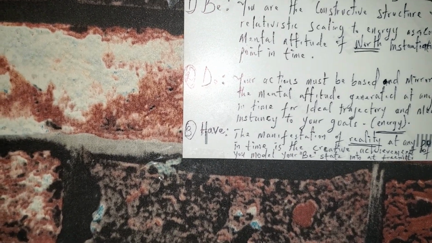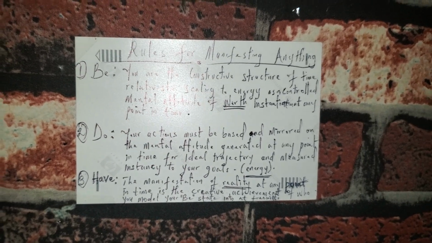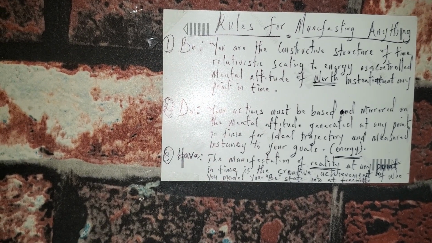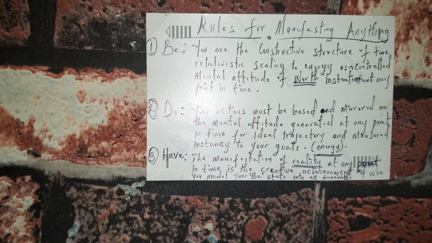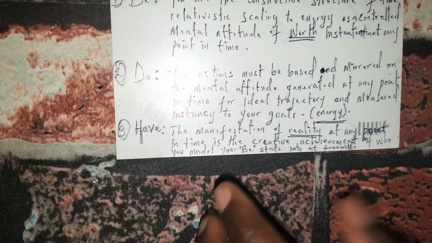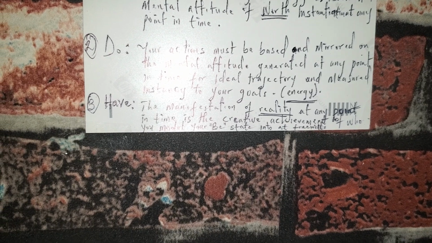Take note of that. I've said in one of my poems that for you to get the real picture of the universe, you need to think in terms of worth, energy, and reality. Those are the three key things. So now the final one, which is have, the manifestation. Have is the manifestation of reality at any point in time.